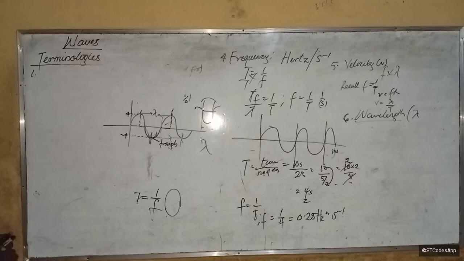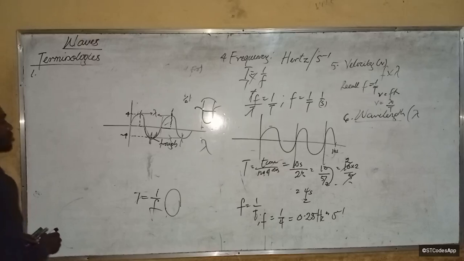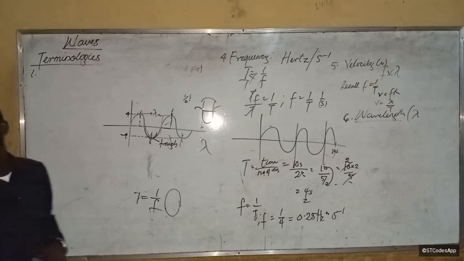Is it clear? Right. When 2 points are said to be in phase, it means they have the same distance from the minimum deviation.